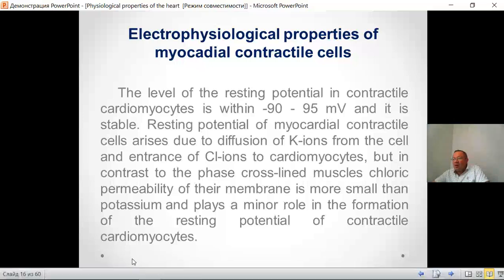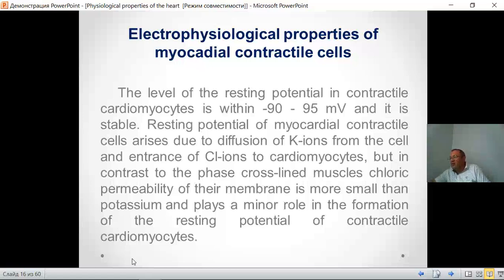Electrophysiological properties of myocardial contractile cells. The level of the resting potential in a contractile cardiomyocyte is within -90 to -95 millivolts and it is stable. The resting potential of myocardial contractile cells arises due to diffusion of potassium ions out of the cells and entrance of chloride ions into the cardiomyocytes.